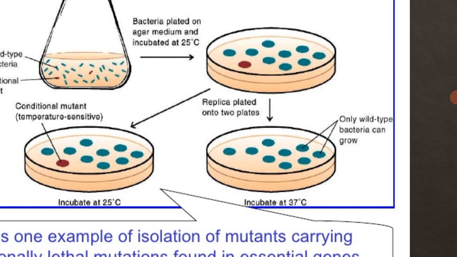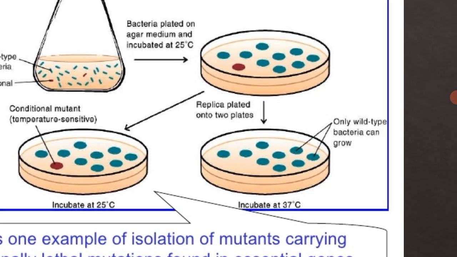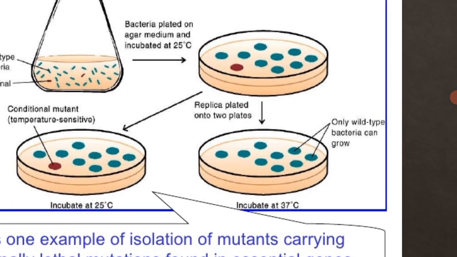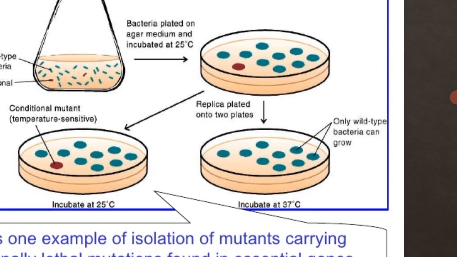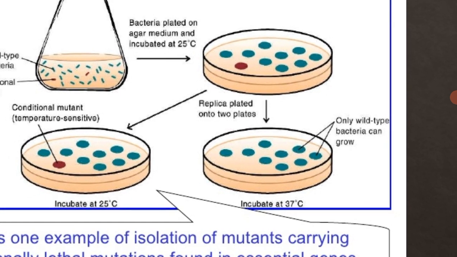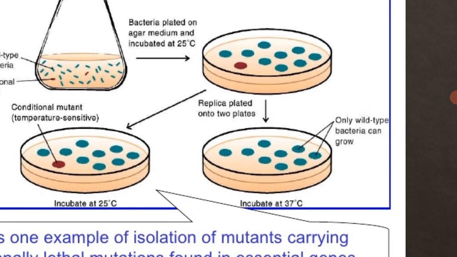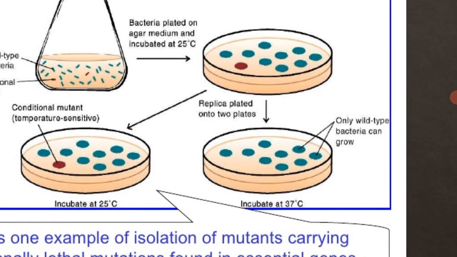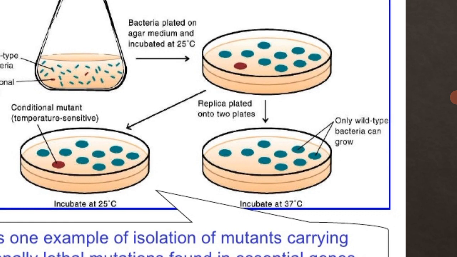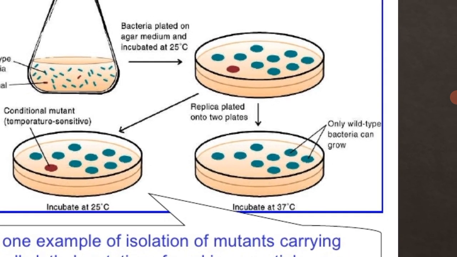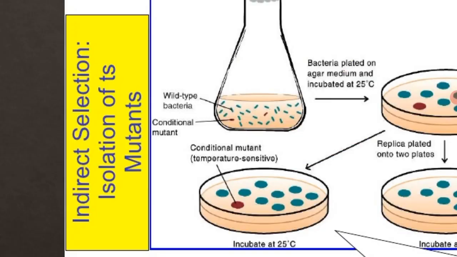Therefore we call it conditional. In the next step, if we inoculate the same sample from that flask onto two plates, and one plate we incubate at 25 degrees Celsius and one at 37 degrees Celsius, then the 37 degrees Celsius plate will not show growth of that conditional mutant. Why? Because it requires 25 degrees Celsius for its growth. A mutant that grows only under certain permissive conditions is called a conditional lethal mutant. I hope you understood this example.